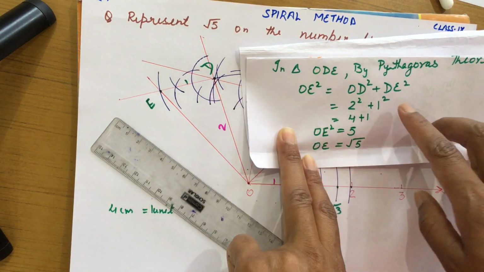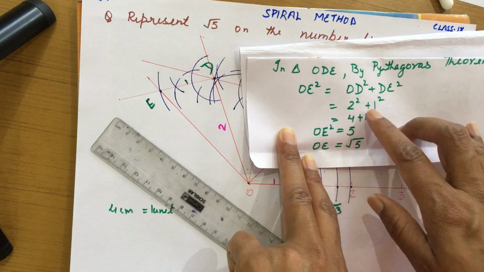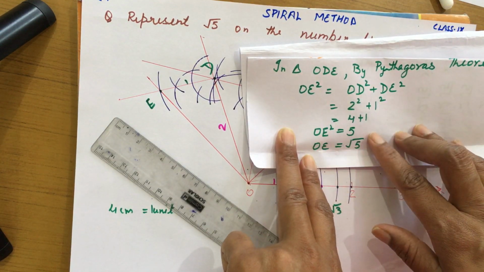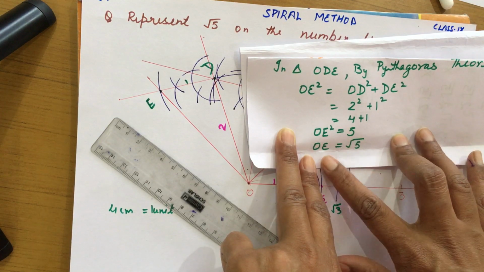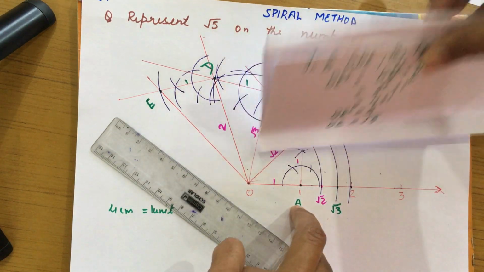OD हमारा 2 था, DE हमारा 1 था, so 2 square plus 1 equals 4 plus 1. OE is 5. So OE is my root 5.